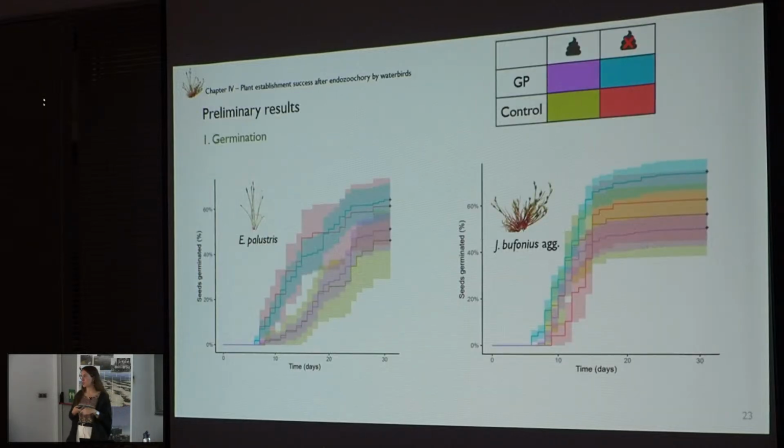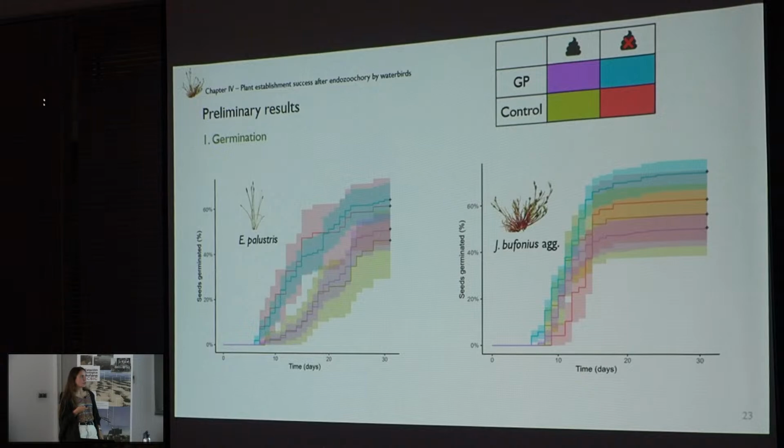So I can show you some preliminary plots because we haven't performed the statistical analysis yet, and here you can see the time to germination and the percentage of seeds germinated. And we can see that for Eleocharis, there is a clear pattern where seeds sowed with feces, in violet and green, germinated less than seeds without feces.